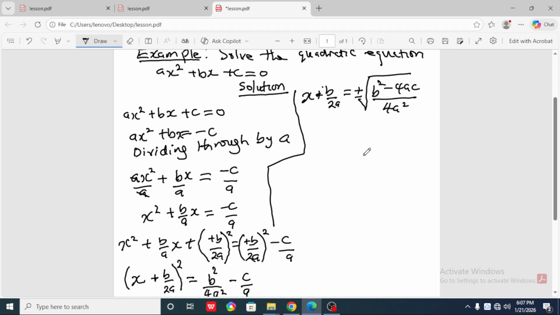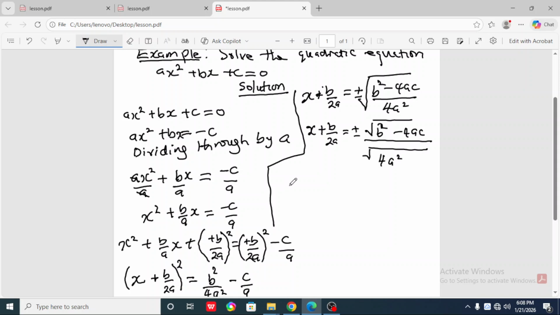So what we are going to do now, let's finish this side. We are going to give the numerator and denominator at this side a separate square root. So giving them a separate square root, we are going to have plus or minus square root of b squared minus 4ac over square root of 4a squared.